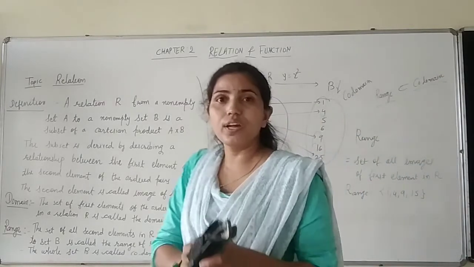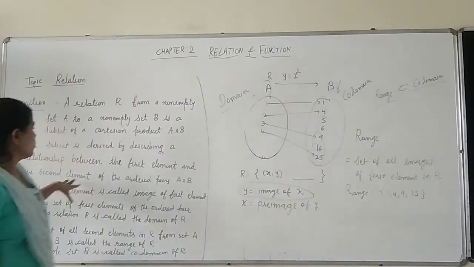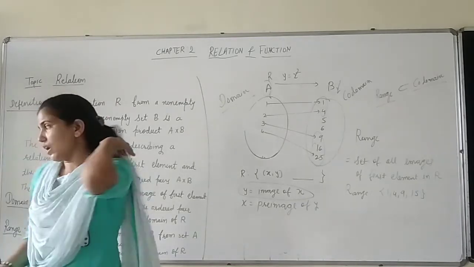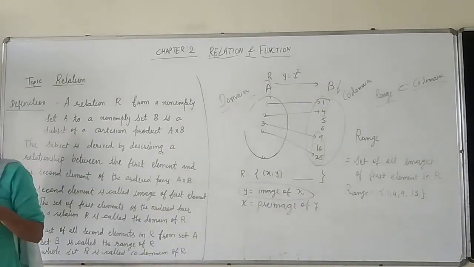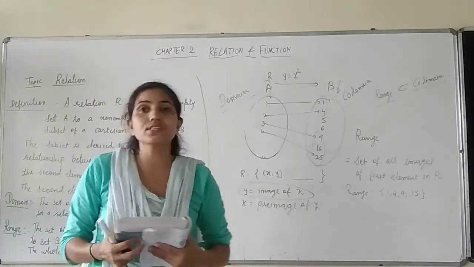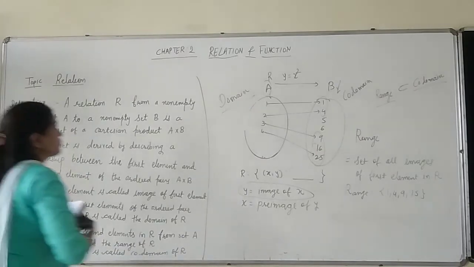Okay students, I hope you are clear with these things. What we have seen today: first the definition of relation, what is the domain, what is the range, and what is the codomain. Now here a few remarks are there, so let me discuss quickly. You have noted that range is a subset of the codomain. So this definition you have to note in your notebook.